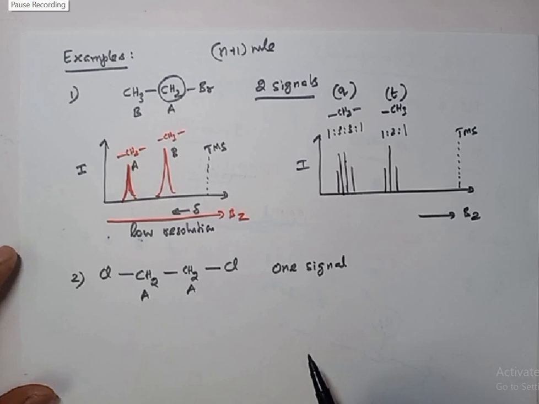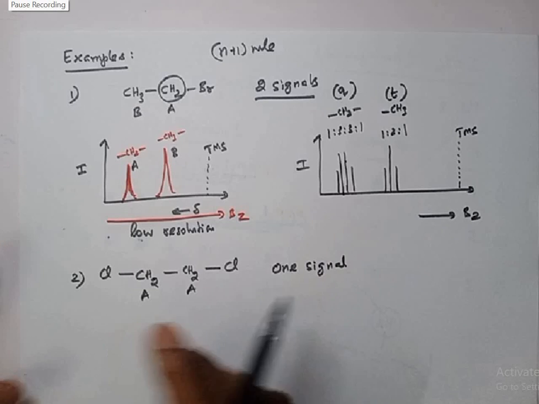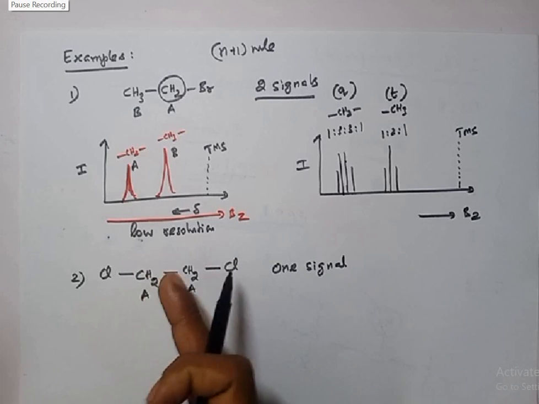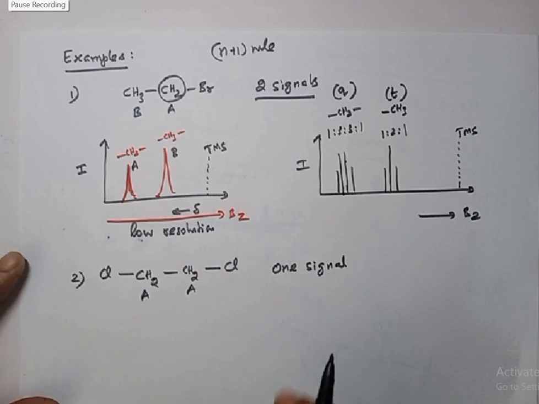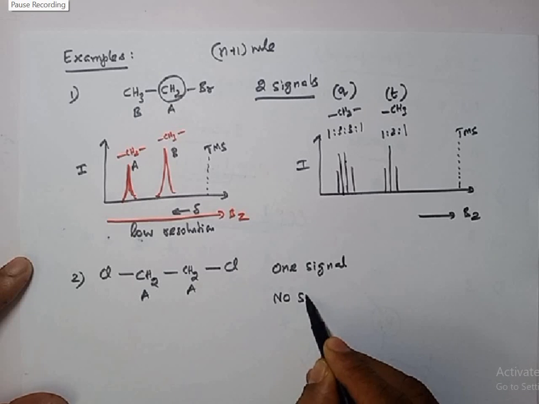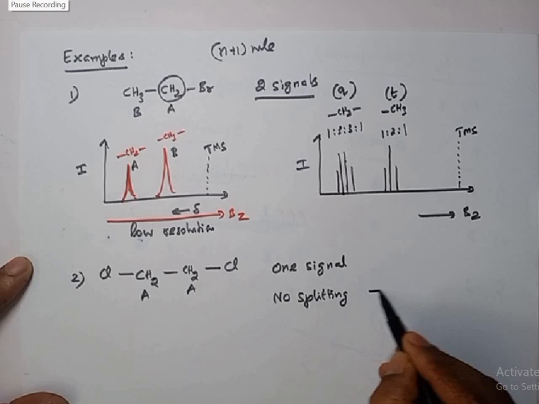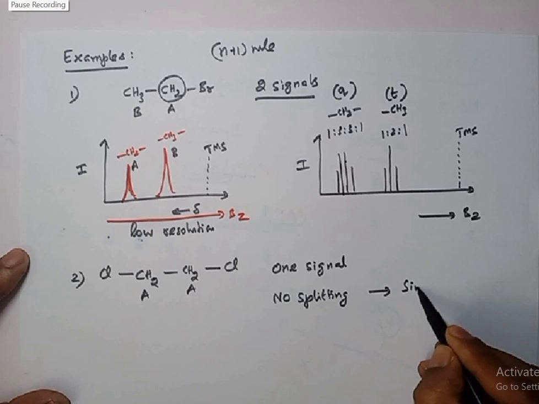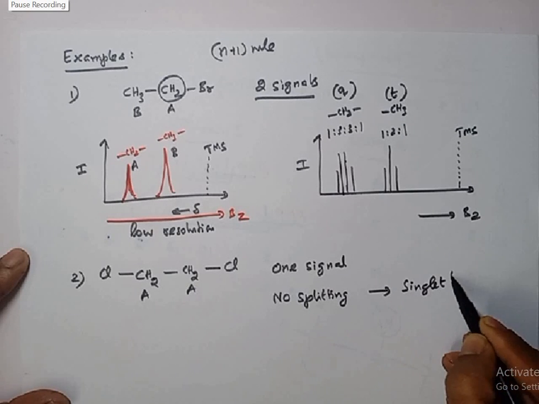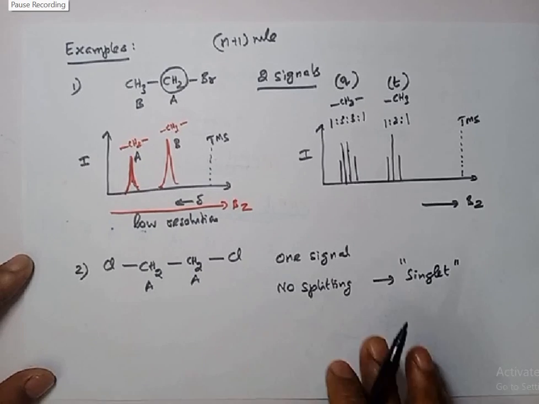The two protons will couple, no doubt, but they do not split. So no splitting. Therefore, that one signal appears as a singlet. Okay, it's a very simple case.